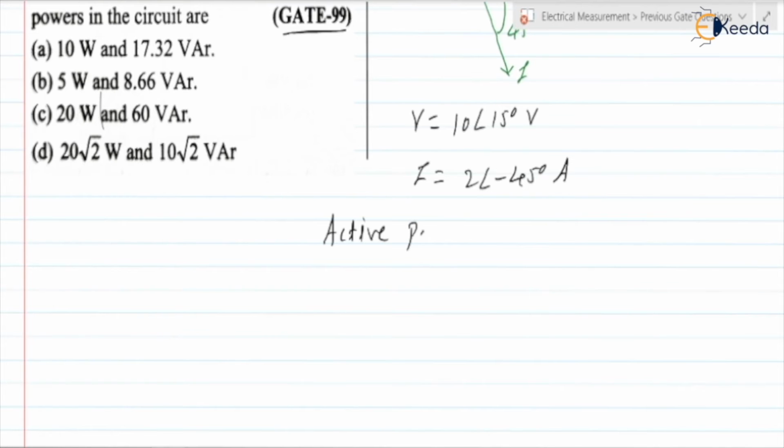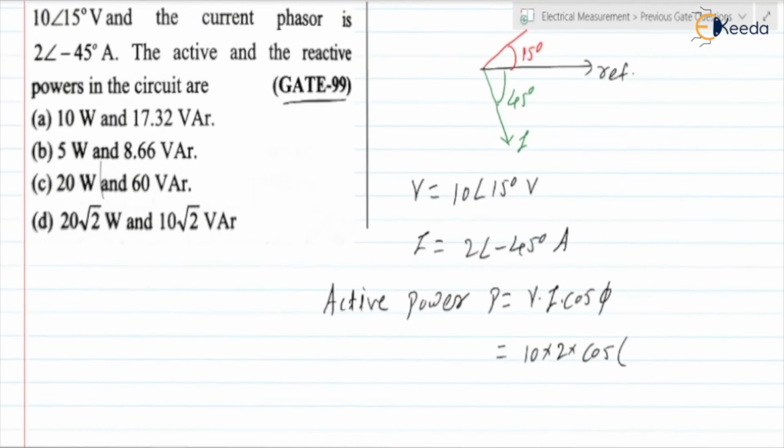So active power P is equal to V into I into cos phi, which is equal to 10 into 2 into cosine of the angle between V and I. So what is the angle between V and I? It is 45 plus 15, that is 60 degree. So this will be equal to 10 into 2 into cos 60, so it is equal to 10 watt. So this is the active power.